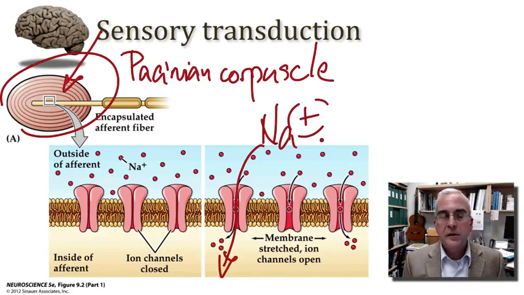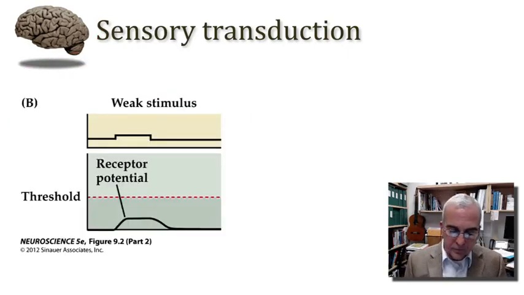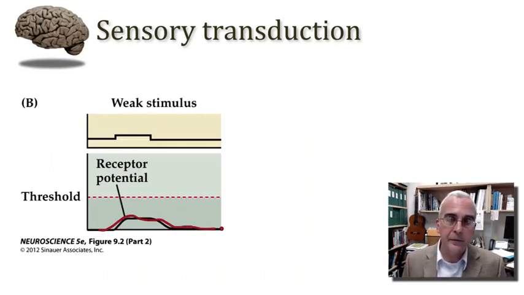Let's have a physiological perspective on this process now. Imagine that a fairly weak stimulus is applied, and that weak stimulus will lead to the influx of a relatively small number of sodium ions. So one can imagine a fairly weak depolarization of this receptor. Now, we have a term that we use to apply to this kind of depolarization.